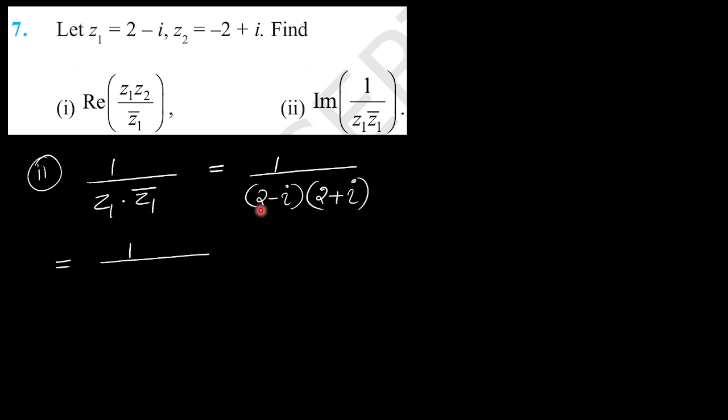So a square will be 2 square, that is 4. Minus b square will be i square. So a square minus b square is 4 minus i square. This is minus of minus 1, which is plus 1.